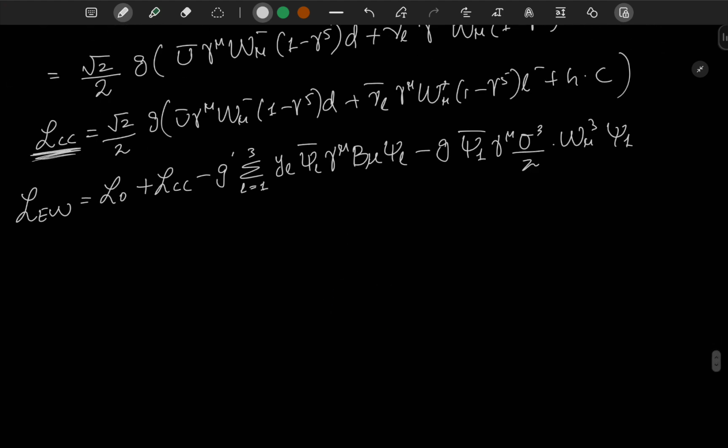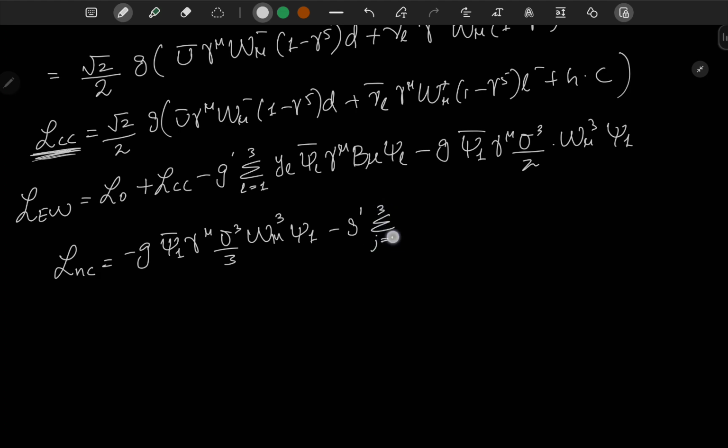Okay, now we look at the neutral current term for the Lagrangian, which is minus g psi bar 1 gamma mu sigma 3 over 2 W mu 3 psi 1 minus g prime, which is equal to 1, Y of j.